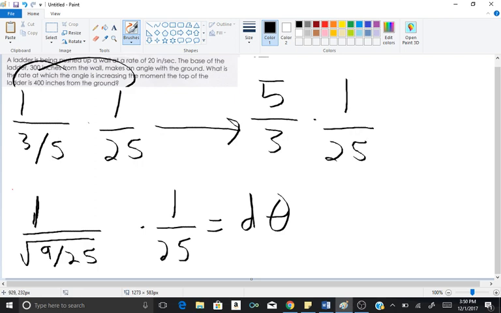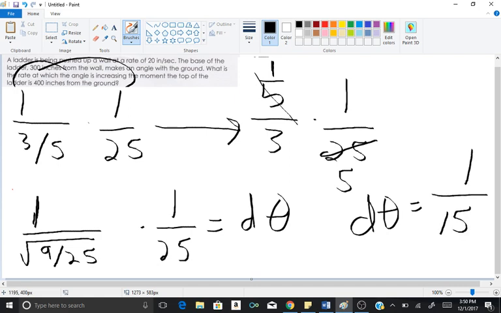Before we simplify that, we can cross simplify. So 5 goes into 25 five times, so 5 becomes 1 and 25 becomes 5. And d theta, after all that, is going to be 1 over 15. And don't forget your units. That's going to be radians per second.